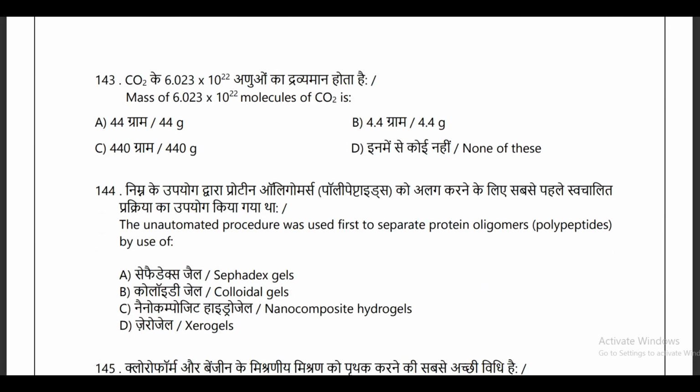In the next question, find the mass of 6.023 into 10 raised to power 22 molecules of carbon dioxide. So you have to tell them mass. You know the formula of number of moles, which is equal to mass over molar mass.